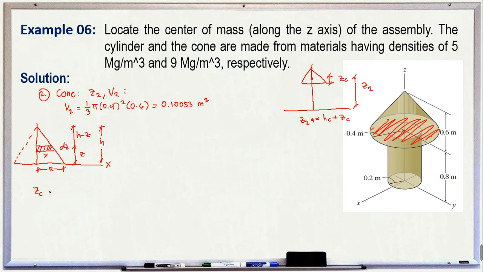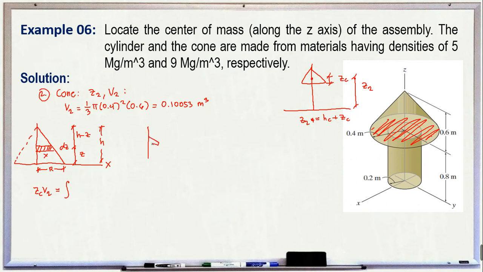So, ZC times the volume V2 is equal to the integral. Again, the concept here is like a very thin cylinder.